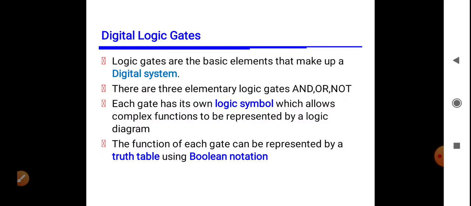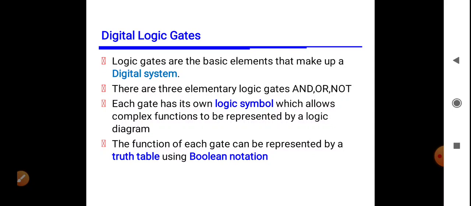As we know, the first part of the first unit deals with different types of number-based conversions, their importance, and where we are going to use these number systems. The complete course deals with only two levels of logic, that is zeros and ones. If the voltage level is high, it is represented by logic 1. If it is a low voltage level, it is represented by logic 0.